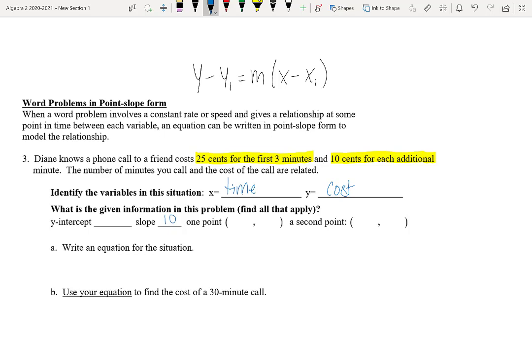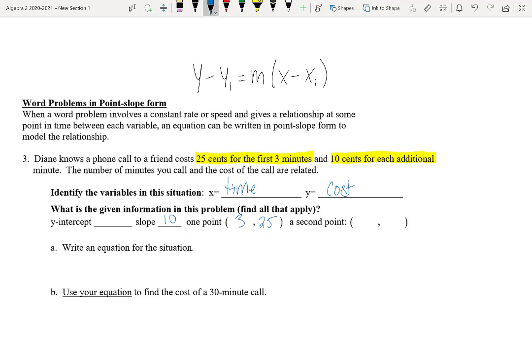But the first part, 25 cents for the first 3 minutes, that's a point. So it's telling us that a 3-minute phone call, Diane knows, costs 25 cents. So if she's on the phone for 3 minutes, it's going to cost 25 cents. And then after that, it's just that flat rate of 10 cents per minute.